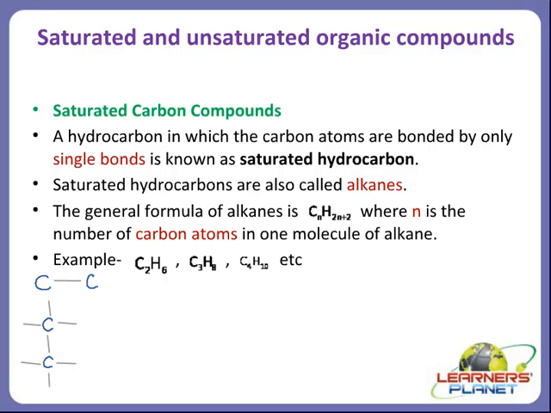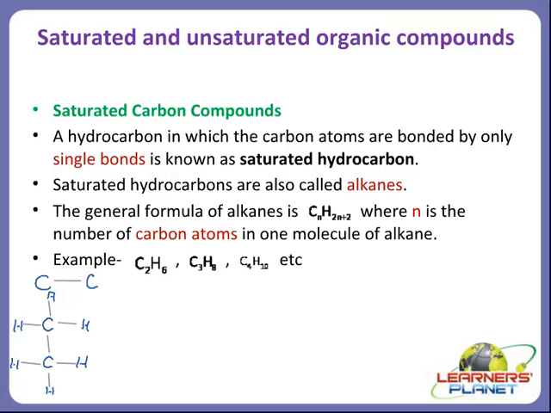It is bonded by a covalent bond. So it is H, H, H. So this is the structural formula of ethane. Right? Now here what is happening? All are bonded by a single covalent bond.